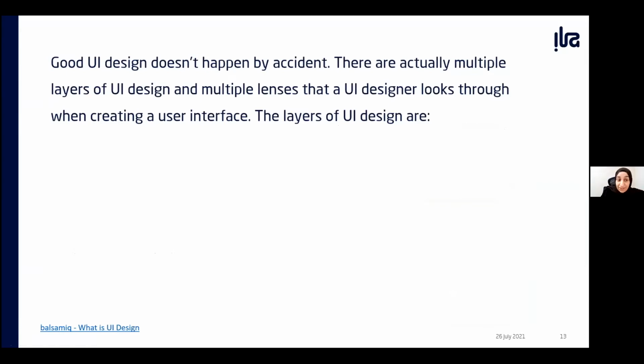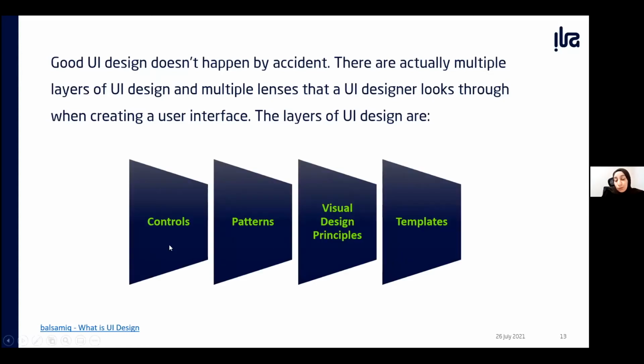Now, believe me, good UI design doesn't happen by accident. There are actually multiple layers of UI design and multiple lenses that a UI designer looks through while creating a user interface. The layers of UI design are the UI controls, the patterns, applying visual design principles, and also templates.